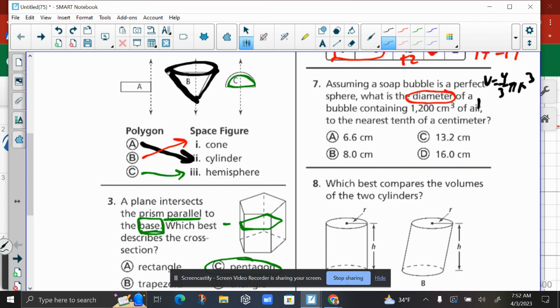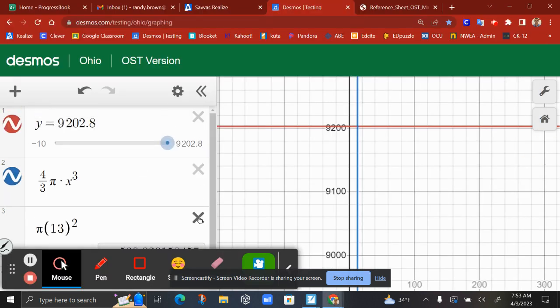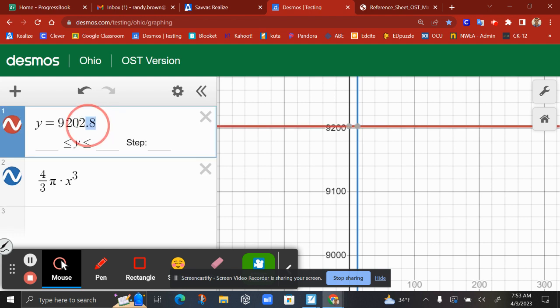So they tell me my volume is 1200 equals 4/3 pi r to the third power. So again, plug this in, let Desmos do the work. You can do it by hand. And I already have 4/3 pi r cubed, x is my r value. And then here I just need to plug in the 1200.